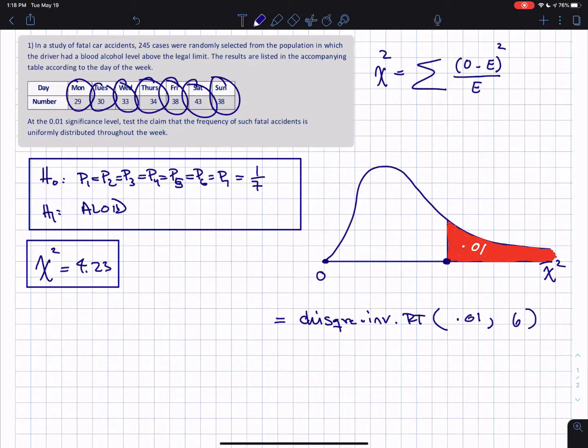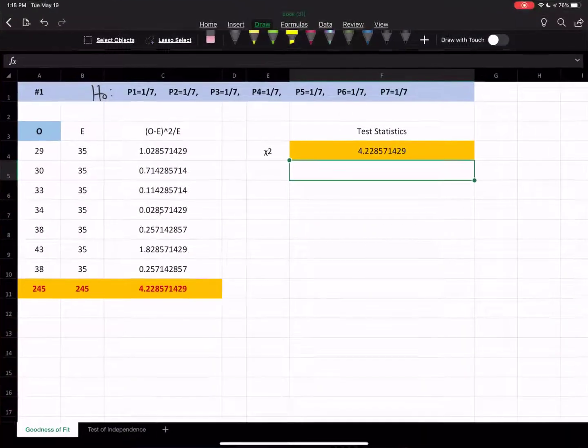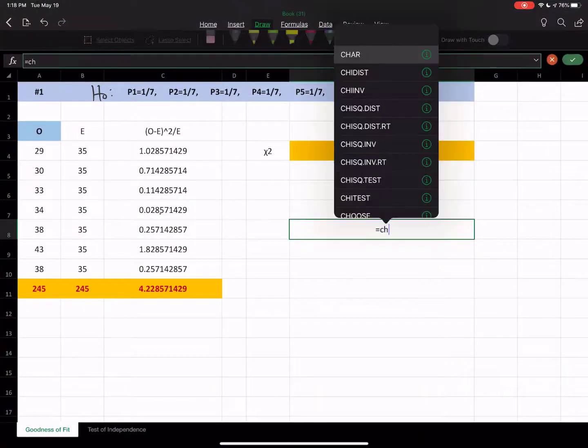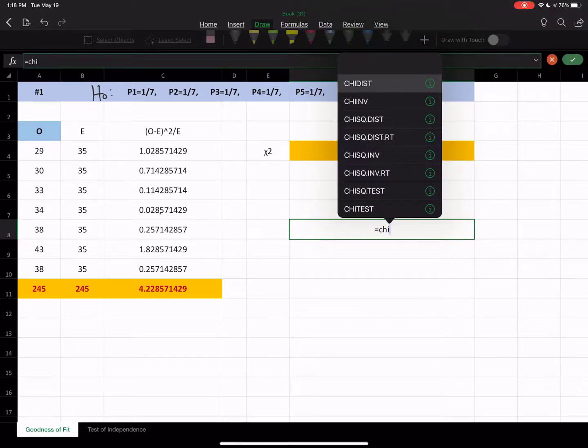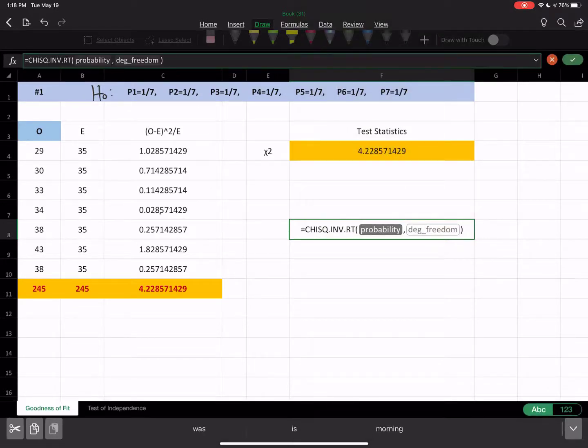So that will be the chi-square value that you can find using Excel. Now let me actually do it for you. 0.01 with 6 degrees of freedom. I can just type chi-square inverse right tail. Probability is 0.01 and degrees of freedom was 6.